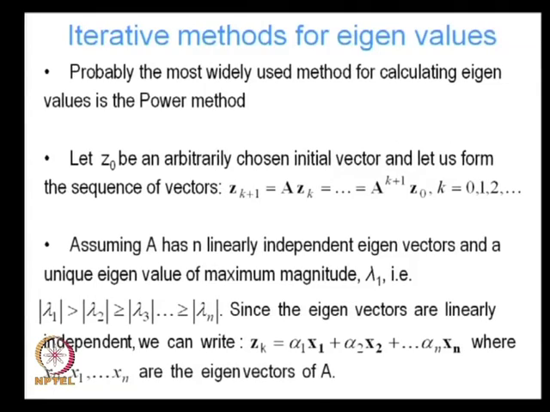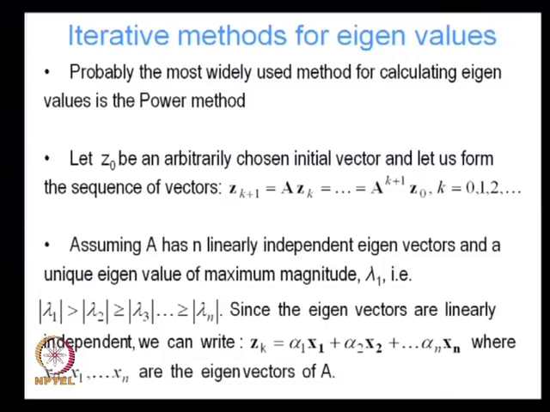to find the eigenvalues and the eigenvectors. And we found that one way to do it was to write out the characteristic equation of the system and then to find the roots of that characteristic equation. But for an n by n matrix, we know that the characteristic equation is a polynomial of order n, and since it is a polynomial of order n, it is going to have n roots.